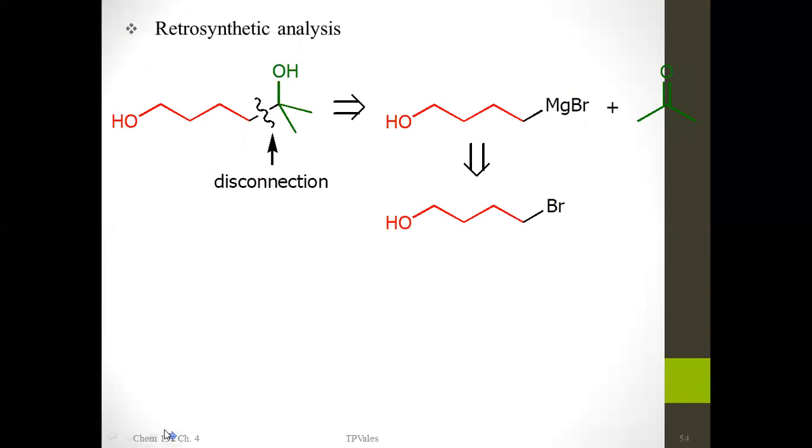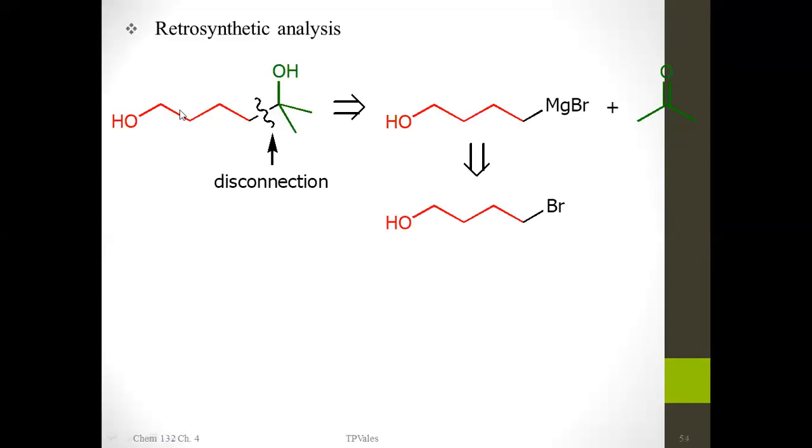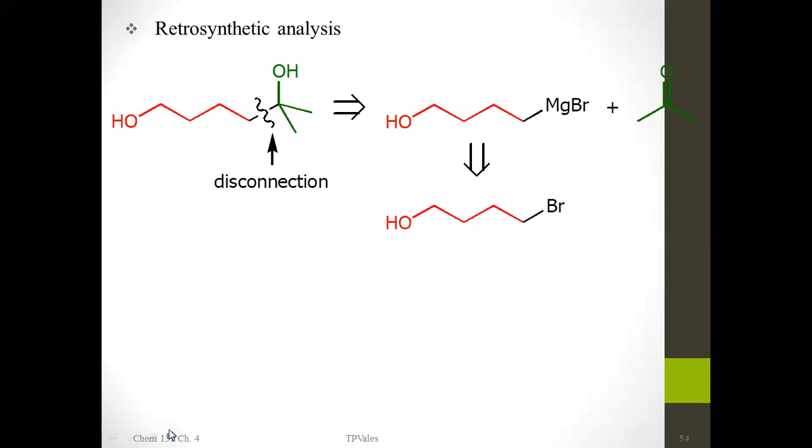So in the retrosynthetic approach, if you want to prepare this one, you want to prepare 1, 2, 3, 4, 5, and you have your C and OH.